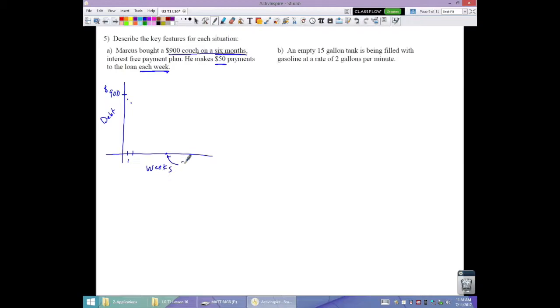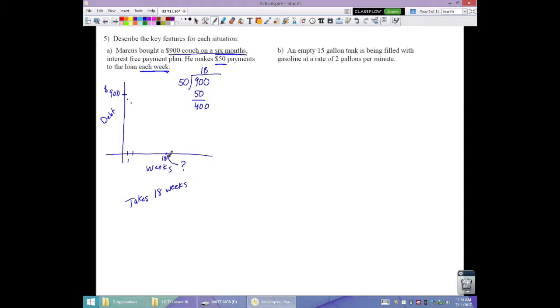The question would be, when does that happen? When would I have my debt paid off? Well, let's see, 900 divided into $50 payments, it takes 18 payments. So it takes 18 weeks to pay off this debt.